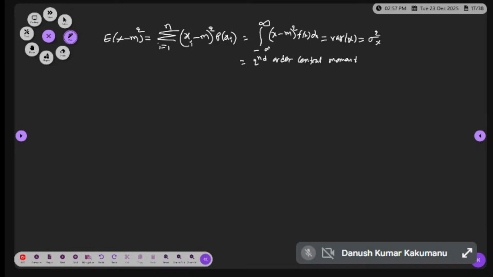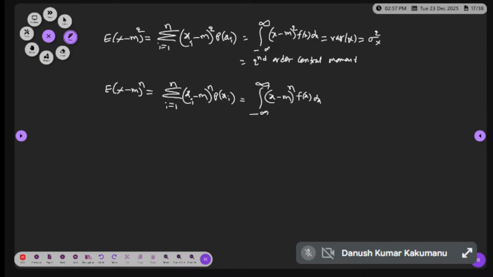In the same way, the nth order central moment is E of x minus m whole power of n, which is summation i equals 1 to n, xi minus m to the power of n, p of xi, also equals the integral from minus infinity to infinity, x minus m whole power of n, f of x dx.